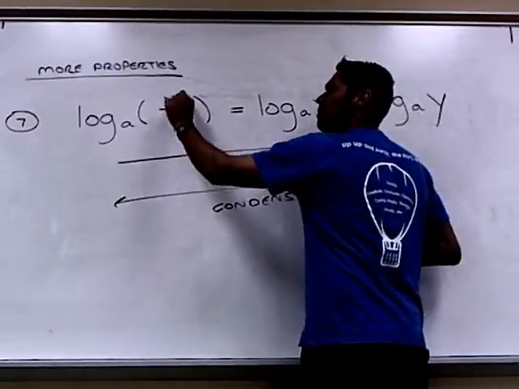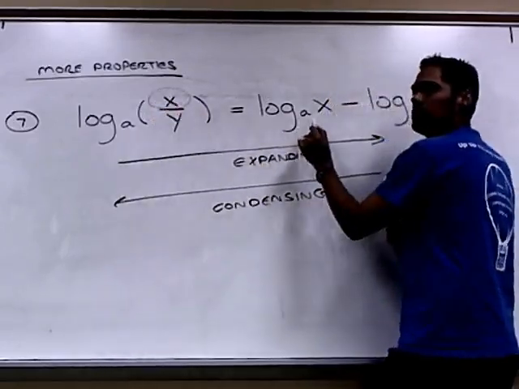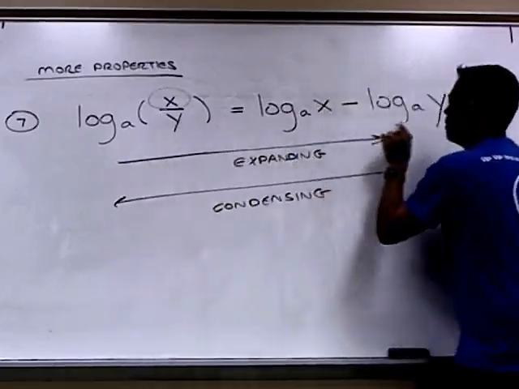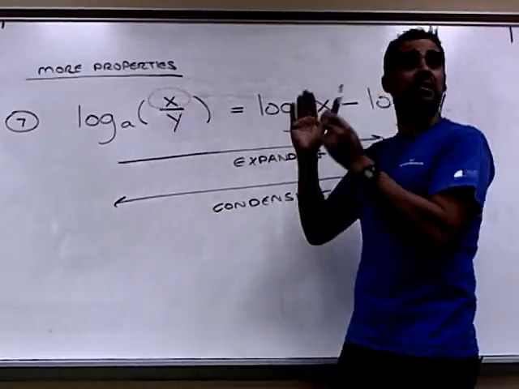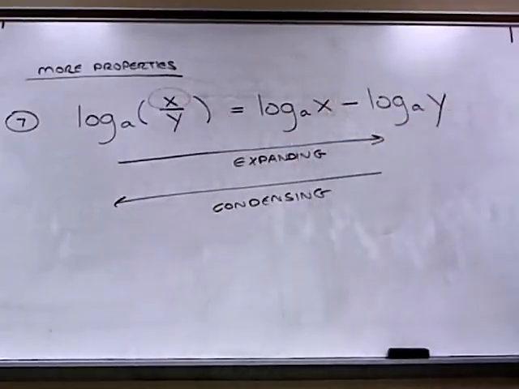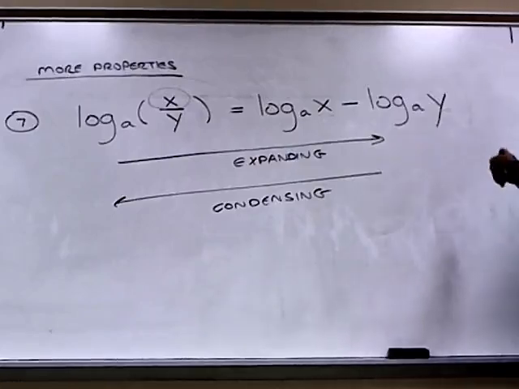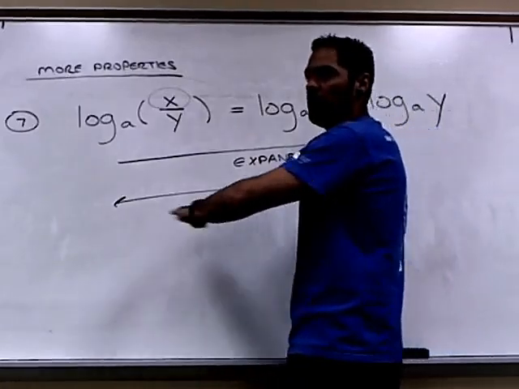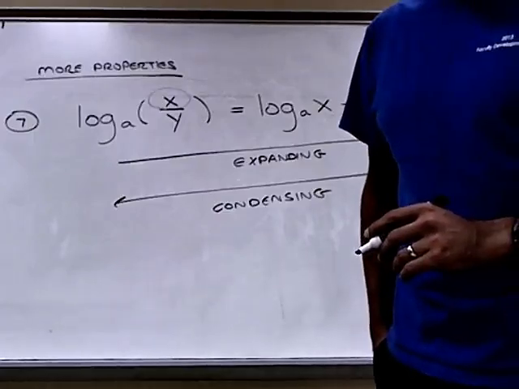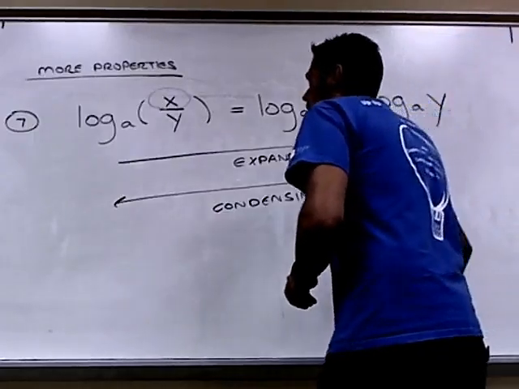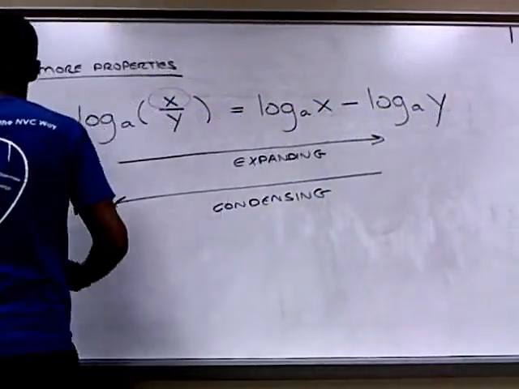The x was on top, so the x goes first. The y was on the bottom, so the y comes next. With multiplication, order doesn't matter because it's addition between them. With subtraction, the order matters. Again, expanding would be going from left to right. Condensing would be going from right to left. Questions? Eighth property. I believe this is the last one.